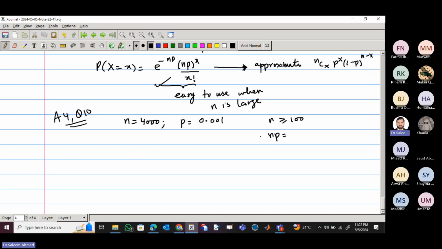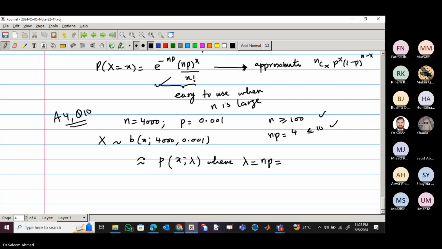P is small, but when I multiply these two, I will get 4, which is less than or equal to 10. So both conditions are satisfied. This is a binomial question: X is a binomial random variable with n 4,000 and p 0.001. But we say that this can be approximated by a Poisson distribution with lambda equal to np, which is 4.